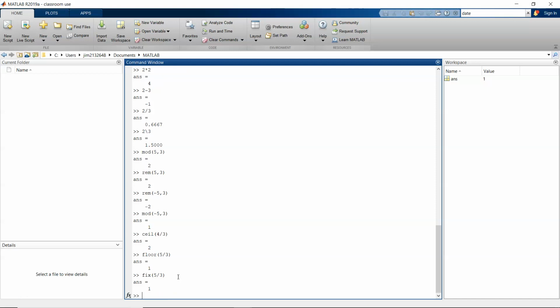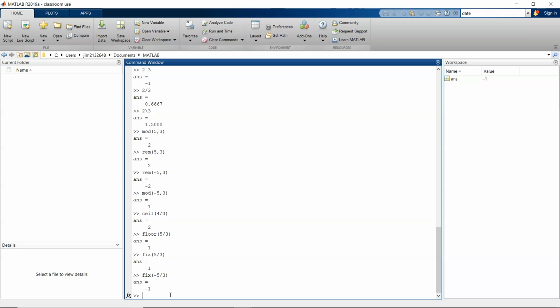Fix of negative 5 thirds. Why is it doing that? Okay, the integer part is negative 1. So 3 times negative 1 is negative 3, plus the negative 2 remainder, which we got up here. So fix and remainder kind of go together.